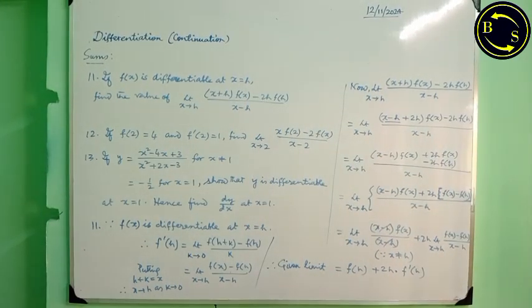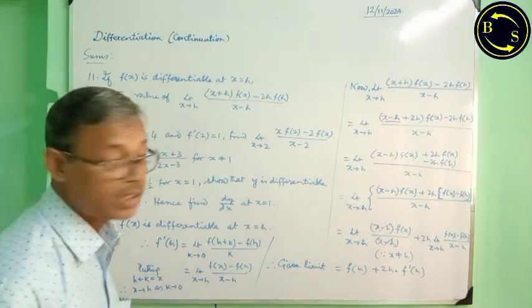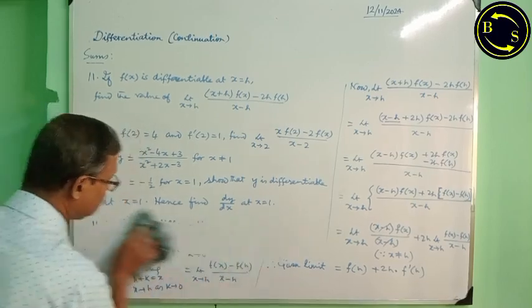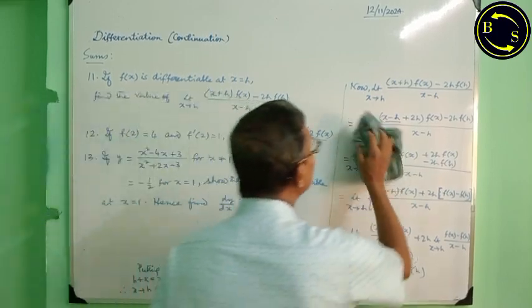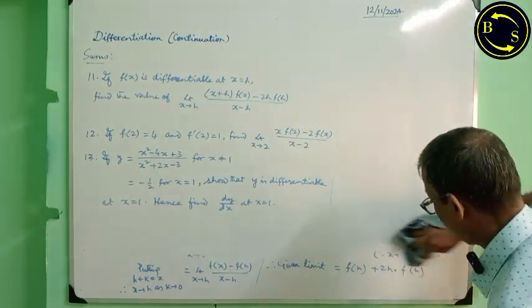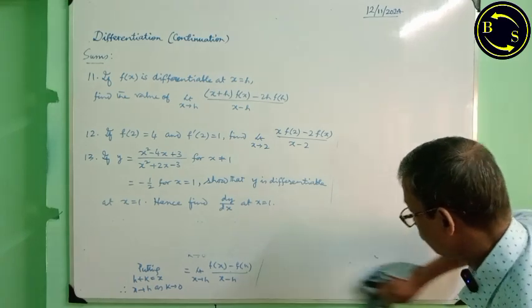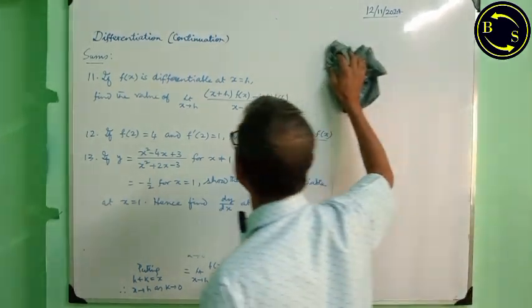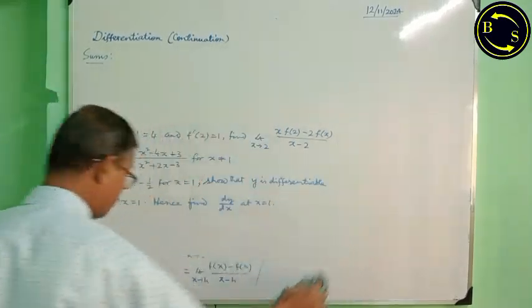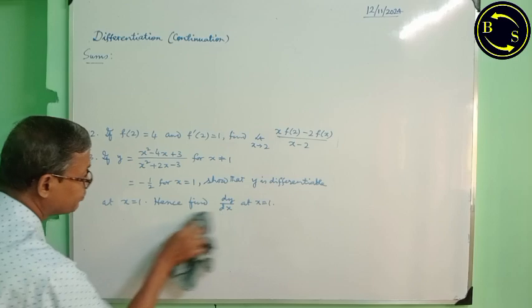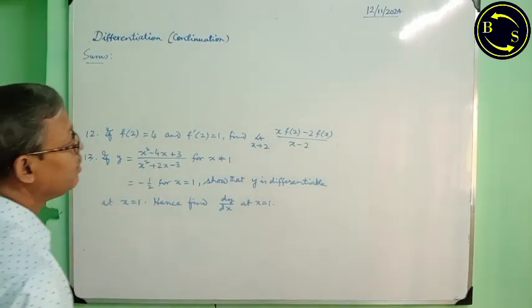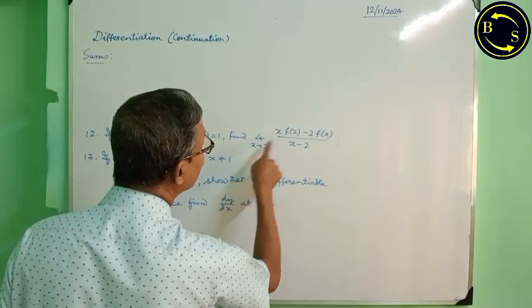Next, number 12. For that, I am to rub this one. Finally, this one. Limit x tends to 2, this one.